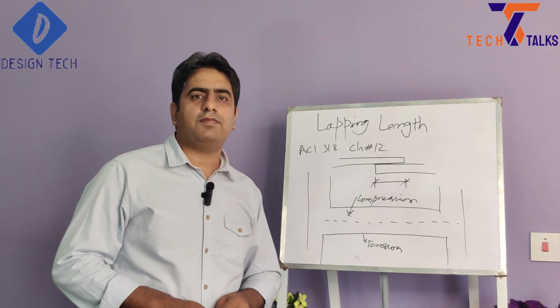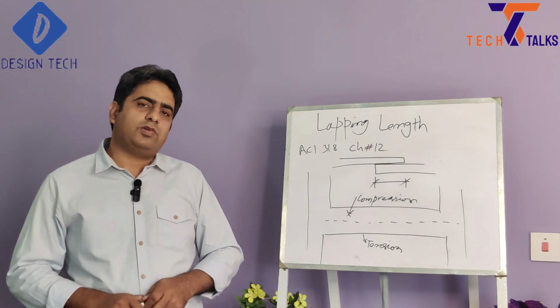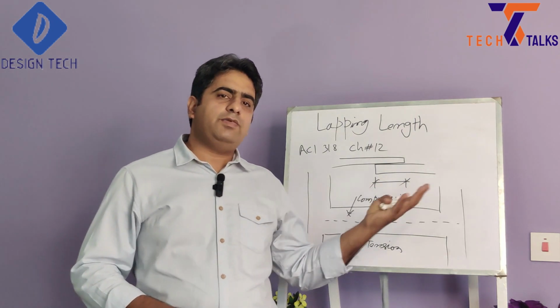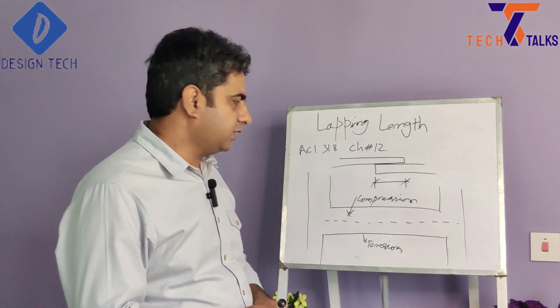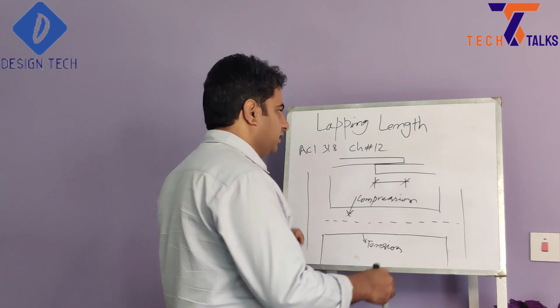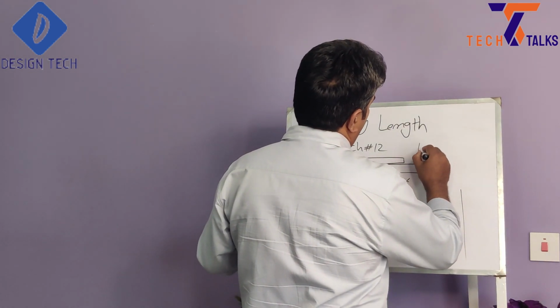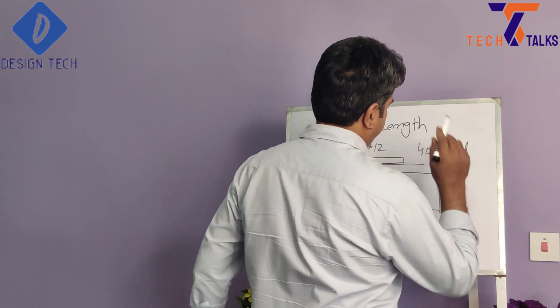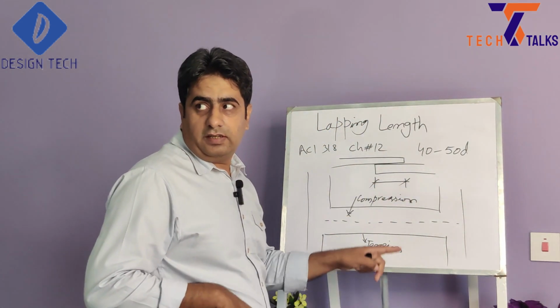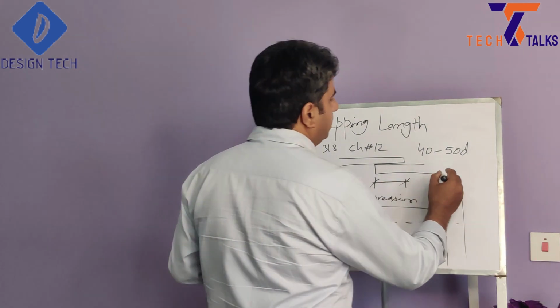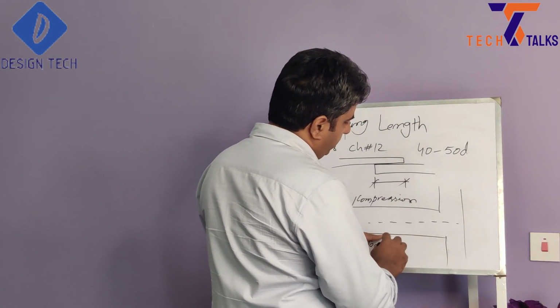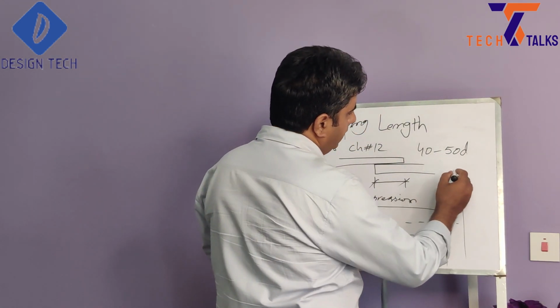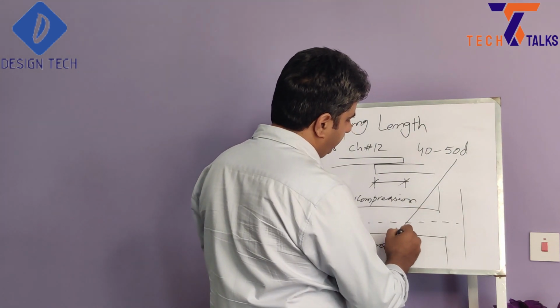But when we don't have enough time for calculations, then simply we use thumb rules, which all over the world every structure engineer is using, which is 40 to 50D. This 50D is when we need to calculate tension zone lapping, then we need to consider this 50D.